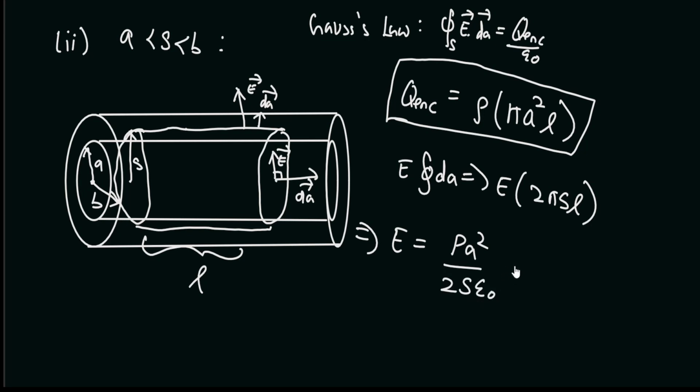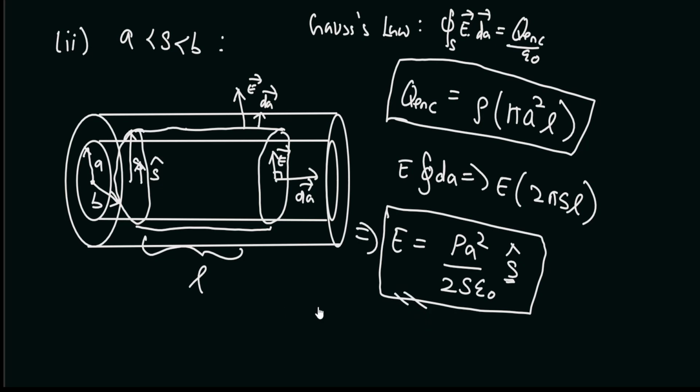And again, the electric field will be along the increasing direction of the radius S, or the radius vector S. So we can represent that direction using S cap. S cap will be along this direction. This is the answer for the second case.